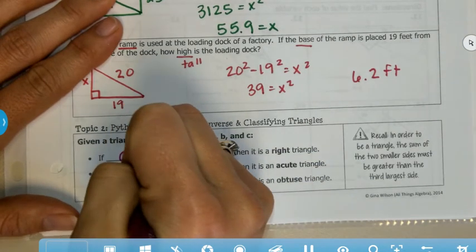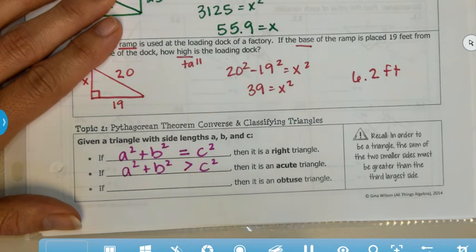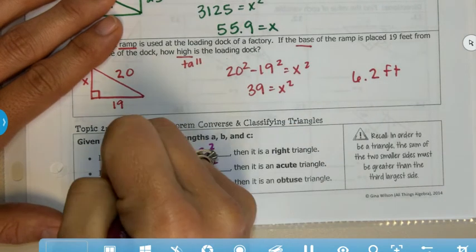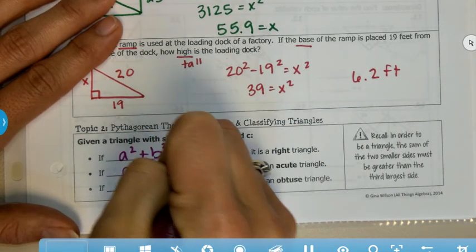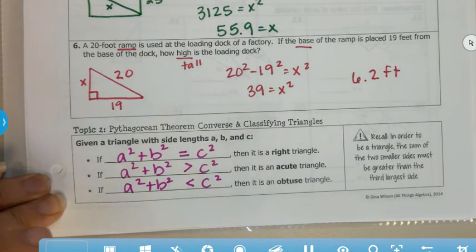If a squared plus b squared is greater than c squared, then it's an acute triangle. And if a squared plus b squared is less than c squared, then it is an obtuse triangle. Hopefully you correctly identified those.